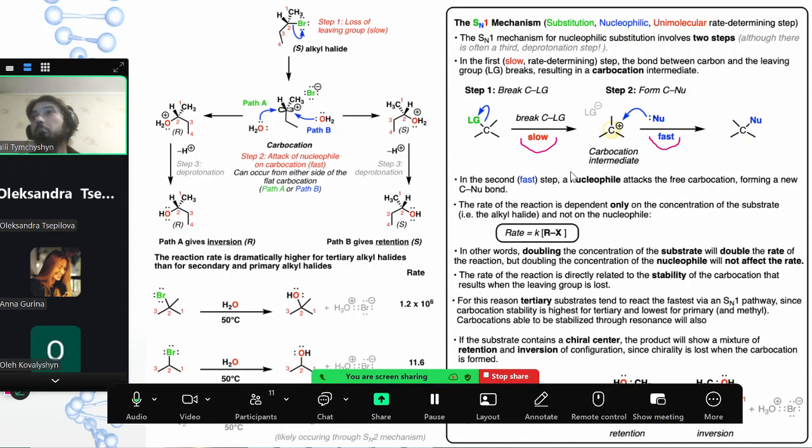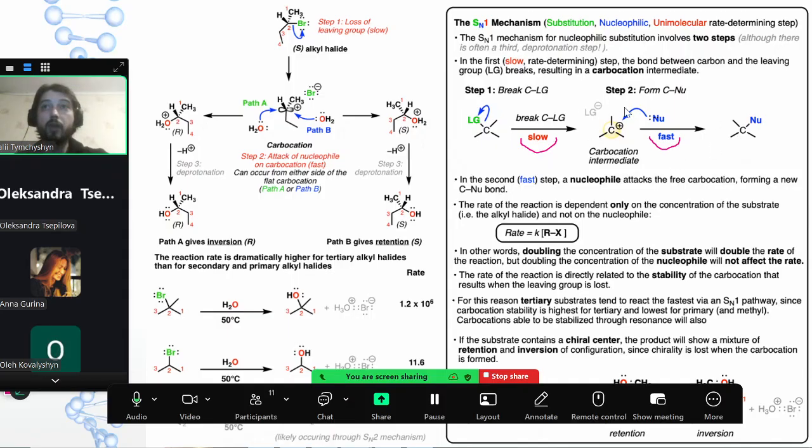Let's say cooking something and then distributing that. If the step of cooking is quite long, so you spend an hour to do something, and then you distribute that in a matter of minutes. So here is a very similar situation. The second step is quite fast.